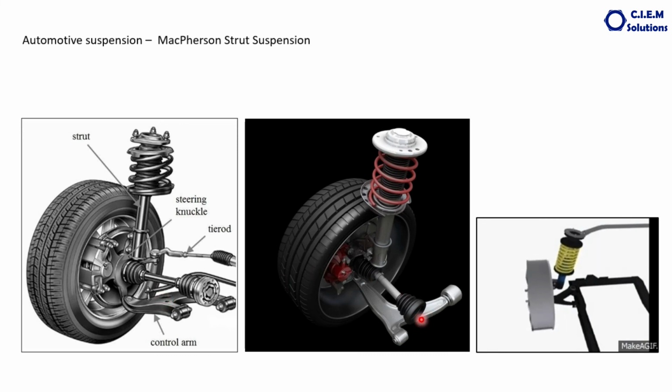It looks like this. The shown one is the drive axle shaft. Here is the control arm, this is the pivot, this is the strut. And when they work together, they work like this.